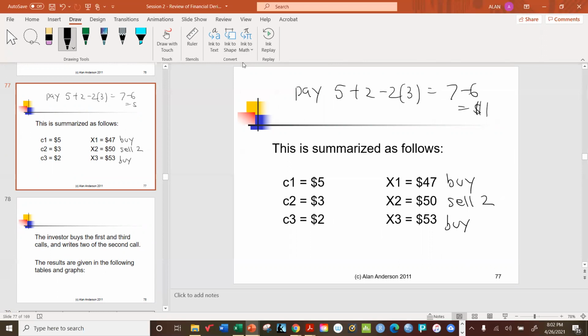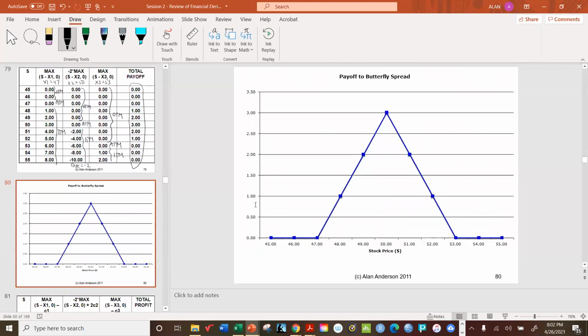So this whole position only costs us $1. We have all these options, and yet it's only costing us $1. So let's see what the payoff looks like. Oh, now that's interesting. Look at that thing. We haven't seen this before.